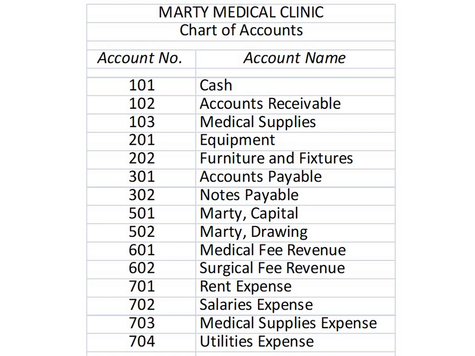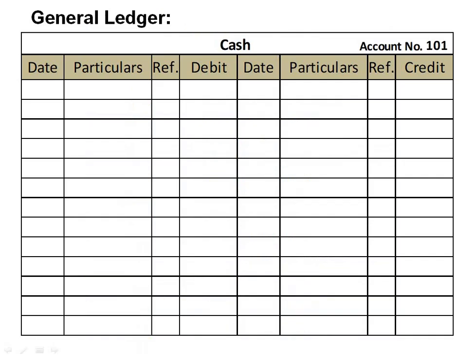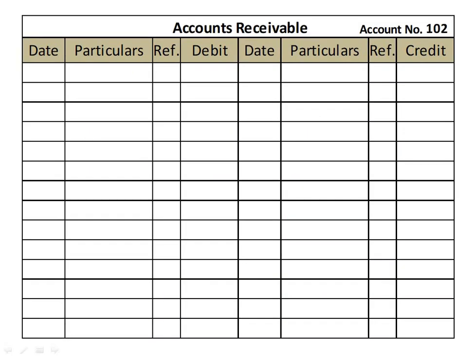There must be as many ledgers in the General Ledger as there are accounts in the chart of accounts. Therefore, we must have a ledger for cash, for accounts receivable, medical supplies, and for every other account in the chart of accounts.